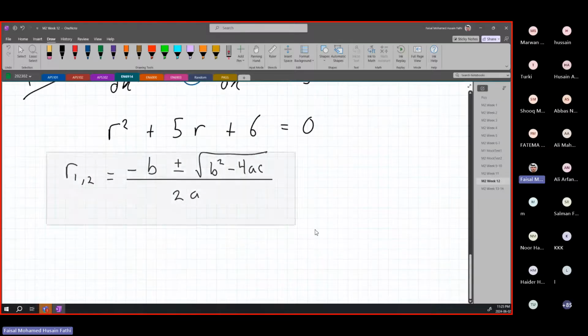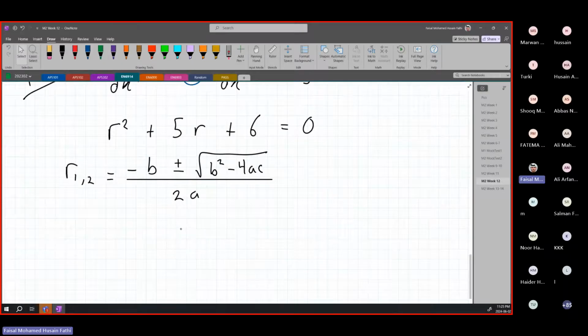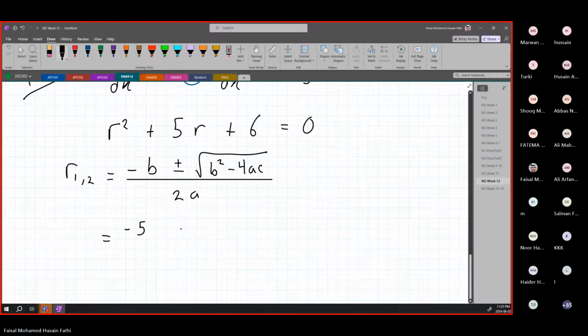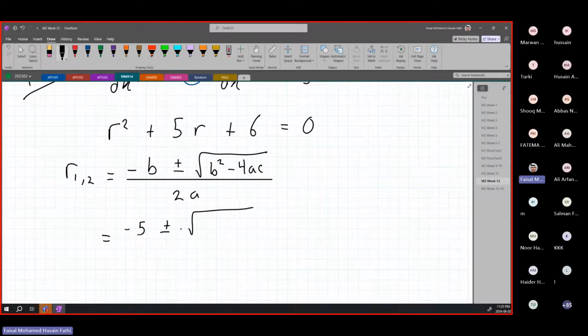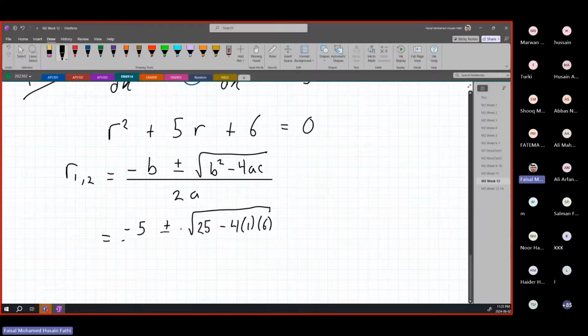All right? I know you guys usually use mode 5.3, but for now, let's just use this one. So this is going to be equal to minus b, which is negative 5, plus or minus the square root of b squared minus 4ac, which is 5 squared, which is 25, minus 4 times a, which is 1, times c, which is 6, divided by 2 times a, which is 1 in this case.